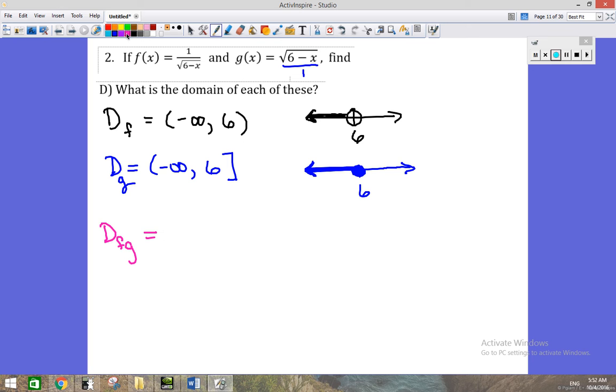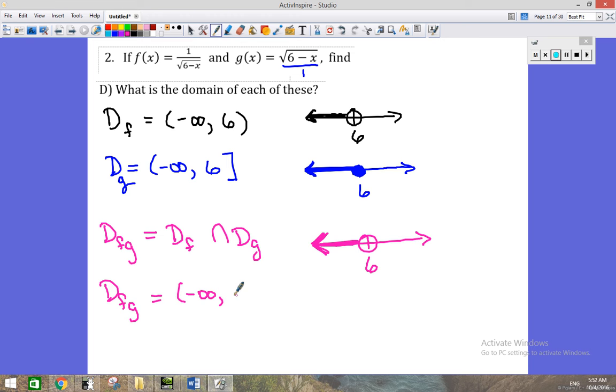So 6 is not going to be in my intersection. When I intersect the domain of f with the domain of G, I get all real numbers that are strictly less than 6. So the domain is from negative infinity up to 6, but not including 6.